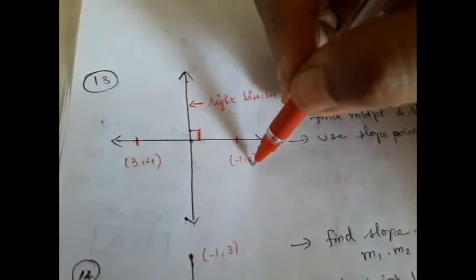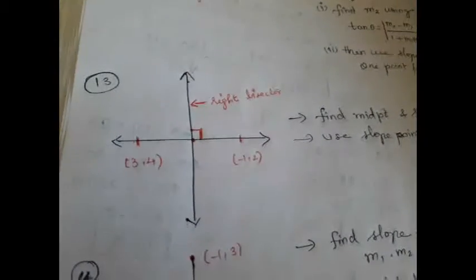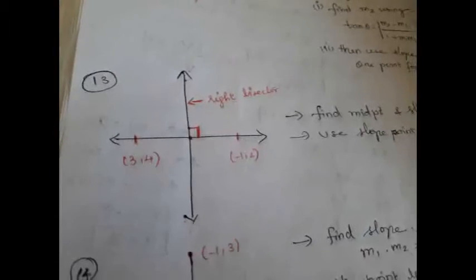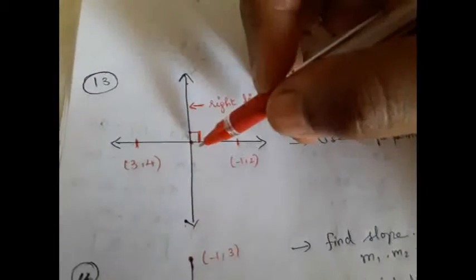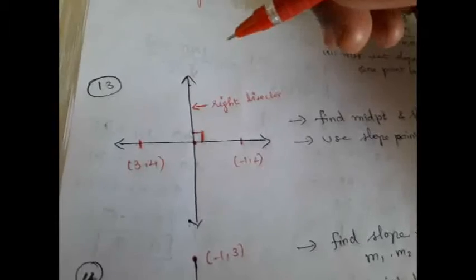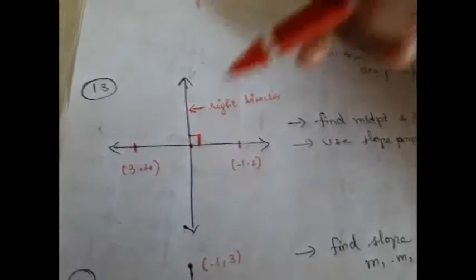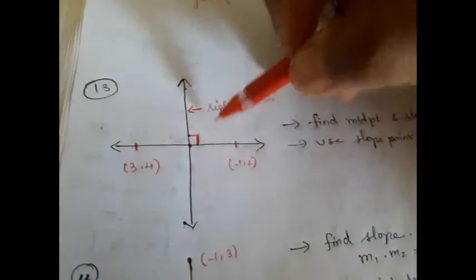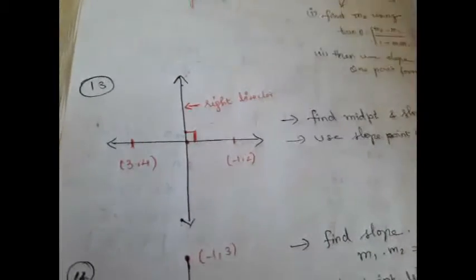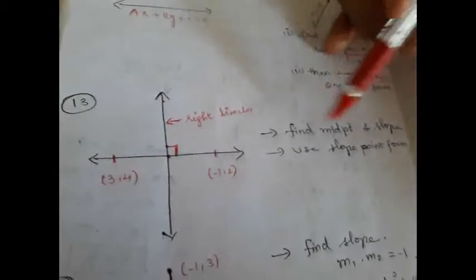So with two points we can find the slope easily, y2 minus y1 divided by x2 minus x1. And since this is perpendicular, the slope of the other line will be the negative reciprocal, right? So we can find the slope of this. So we got slope and one point, and we can go with slope-one-point form. So find the midpoint and slope, use slope-point form. Yes? Hope you got it.